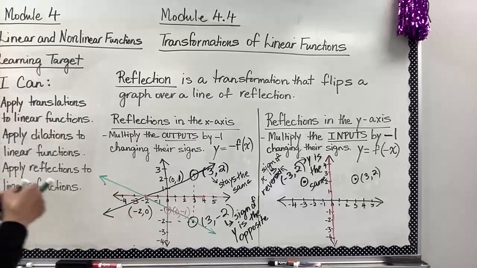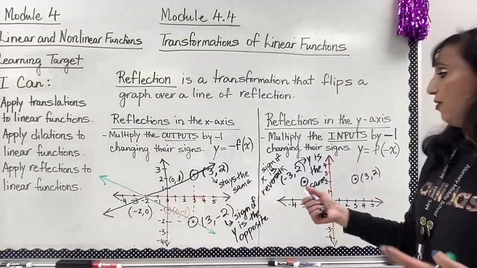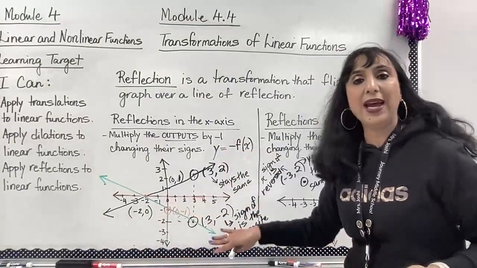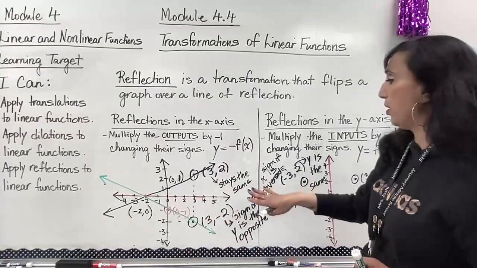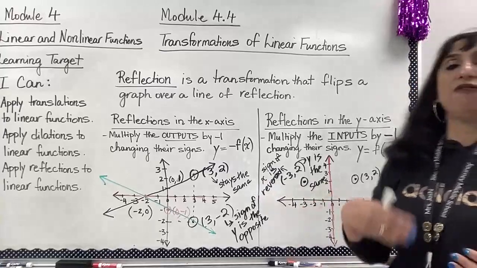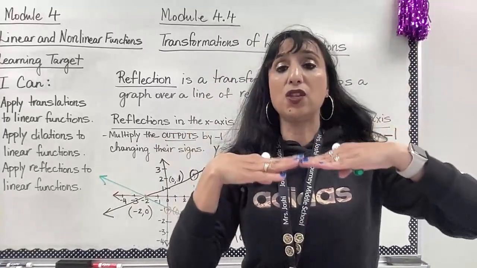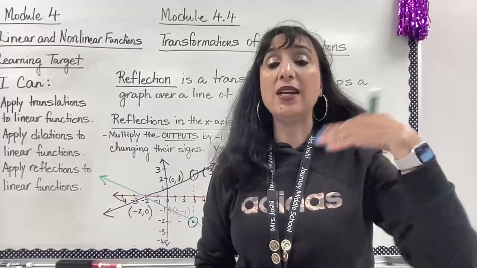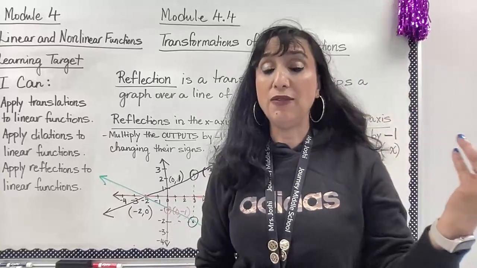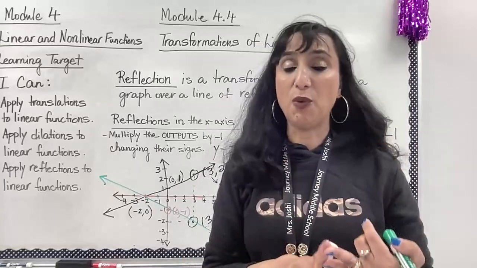All right, and so once again, this is just a reflection on the x-axis. Whatever you are doing to the ordered pair, please remember, if I'm reflecting on the x-axis, it has to go up and down. So x stays the same, and the value of the y coordinate flips.